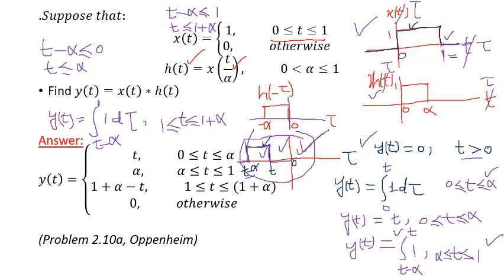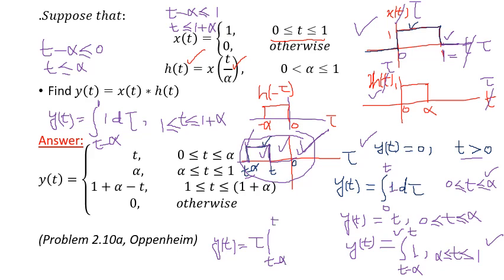We have y of t equals the integration of 1, which will be tau, and the limits of integration are t minus alpha up to t, right?